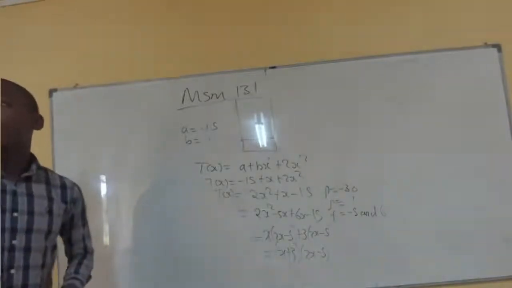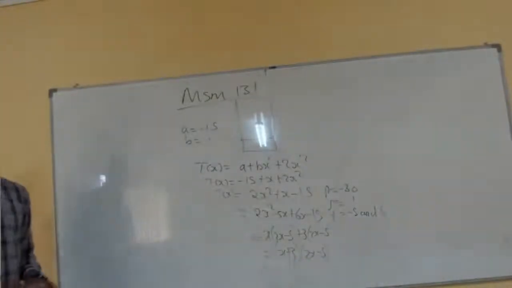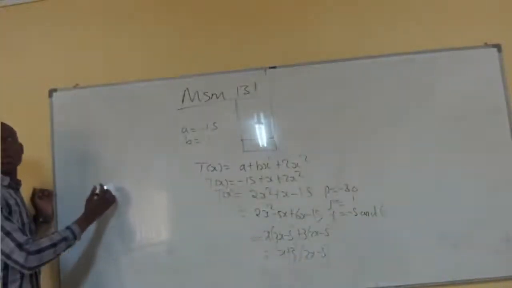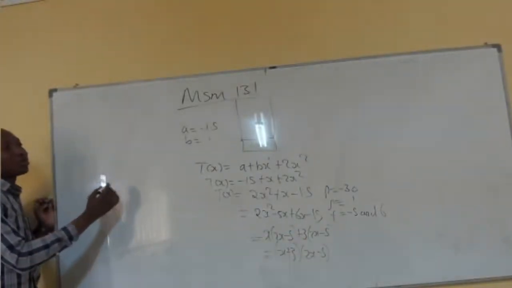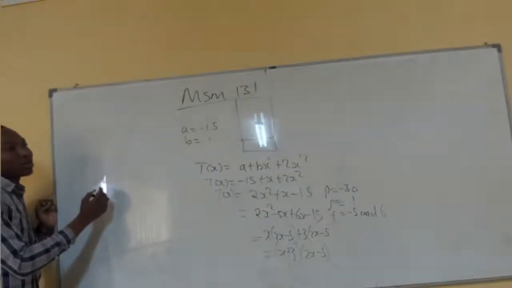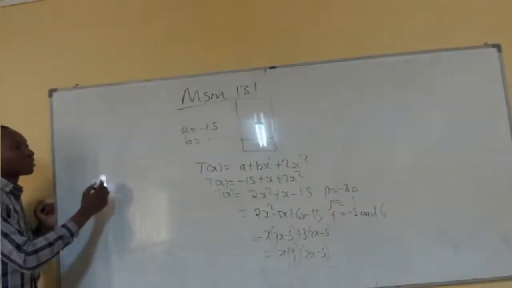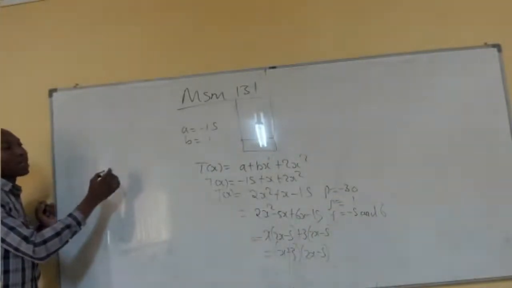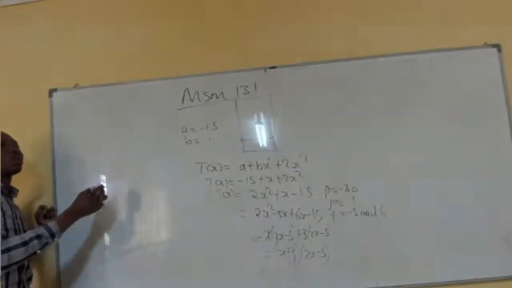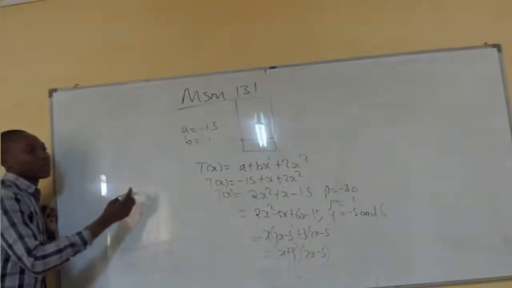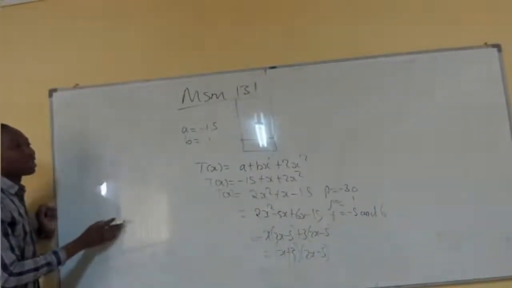Okay, so whenever you are dealing with a sketch, one of the things that you need from a sketch, number one, is the intercepts. So for starters, we ask what is the turning point. I can use the completing the square method so that we can get the values, the turning point and the like.